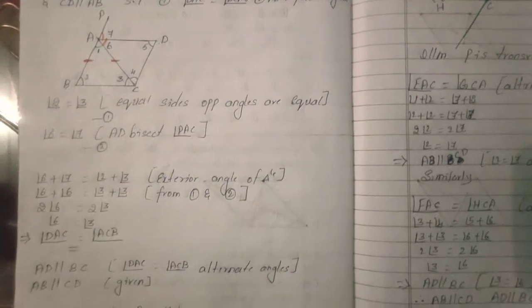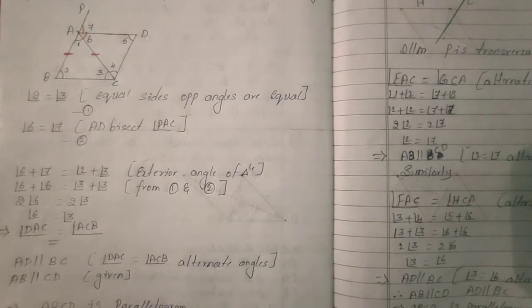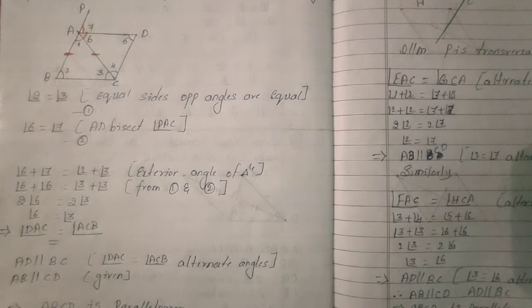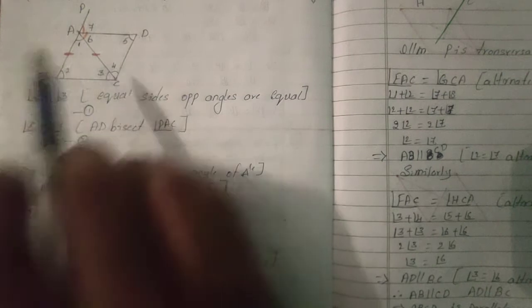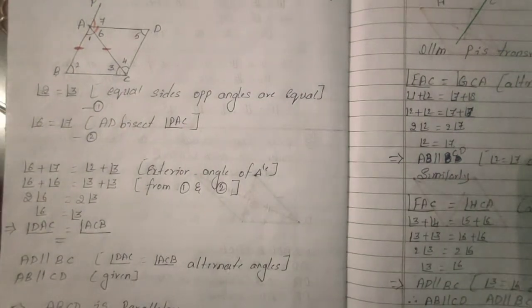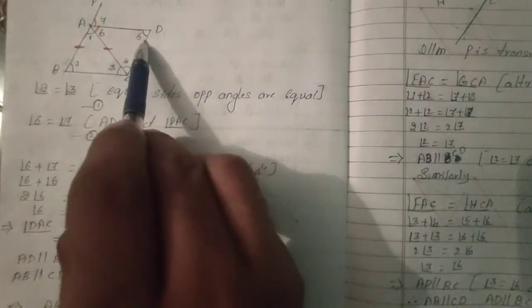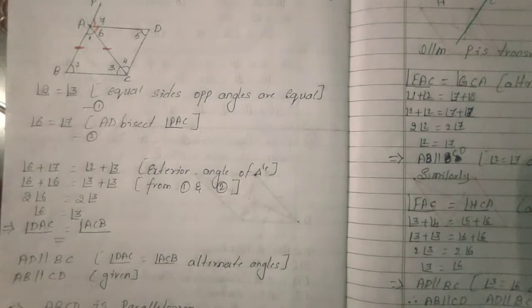So for the sake of not getting confused, I am using some numbers in the place of angles. These angles I consider 1, 2, 3, 4, 5, 6, 7.